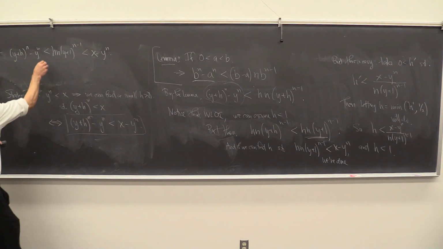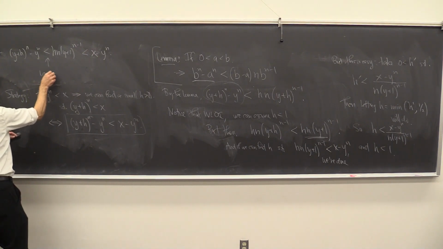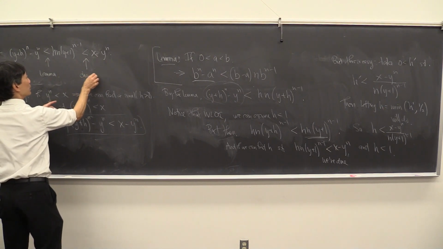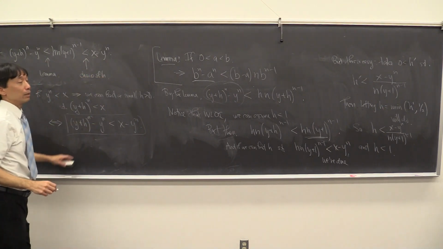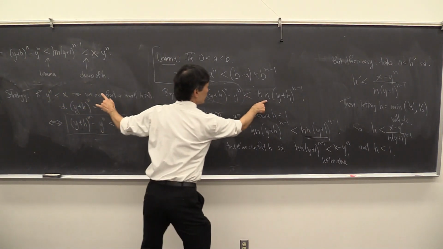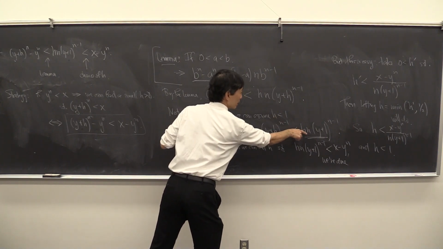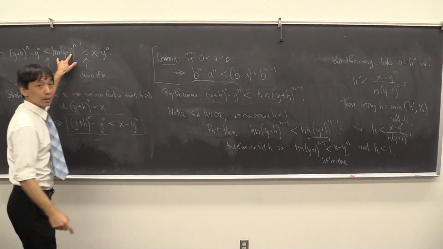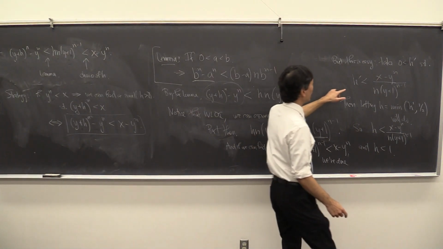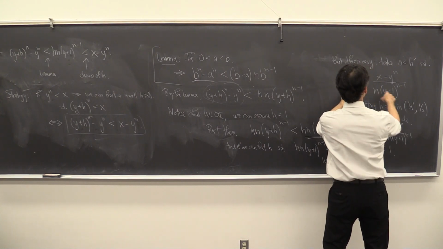Right. So this part is due to the lemma, and then this part here is due to our choice of h. By the lemma, this is true, and then our assumption that h is smaller than 1 gives that this is true, right? And then our h was chosen so that h is smaller than this.